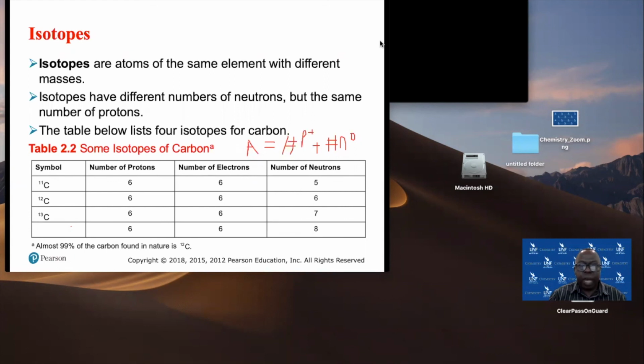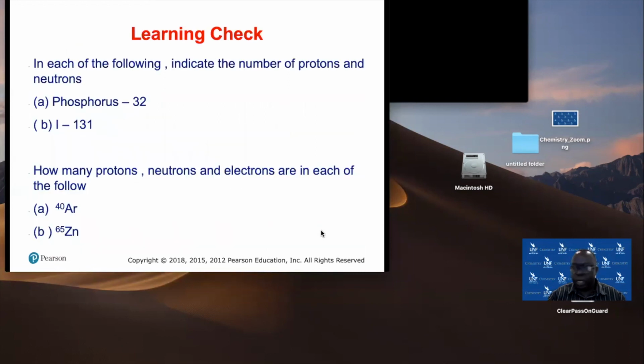Those are the problems you will encounter in calculating subatomic particles. So 14 minus 6 is 8. I don't want to spend time on this, but we can quickly give you an idea of how to go about it.